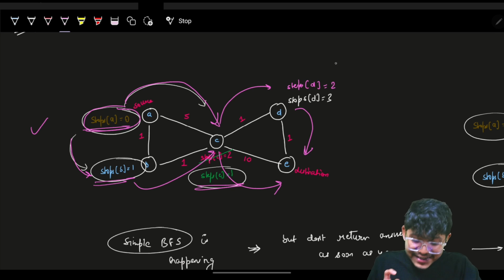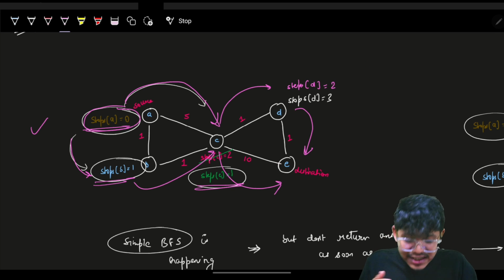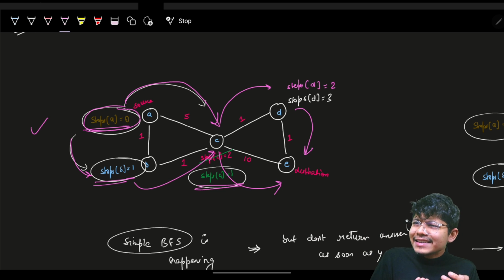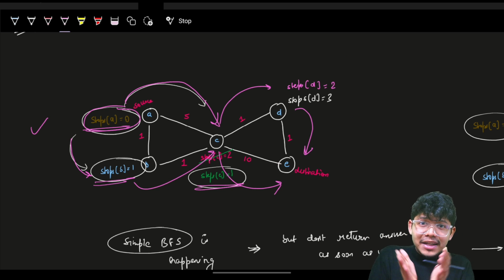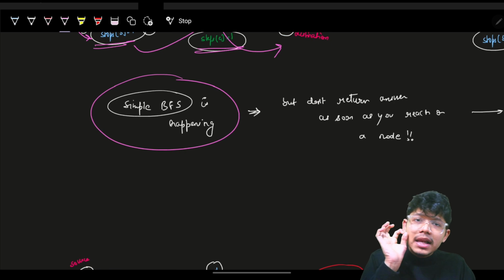If you remember, this is what I was going to try, right? The same way as we are moving level wise, 1 step, 2 step, 3 step. Why can't this be done by simple BFS, which is breadth first search, level wise, right? So that's the reason I simply apply a simple BFS in this.